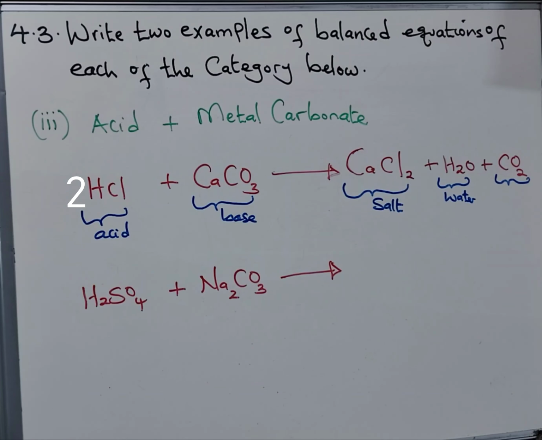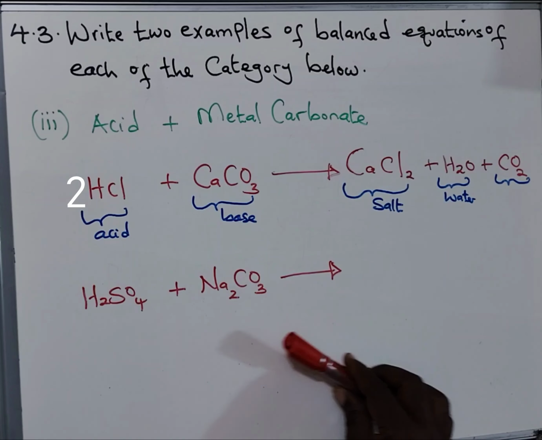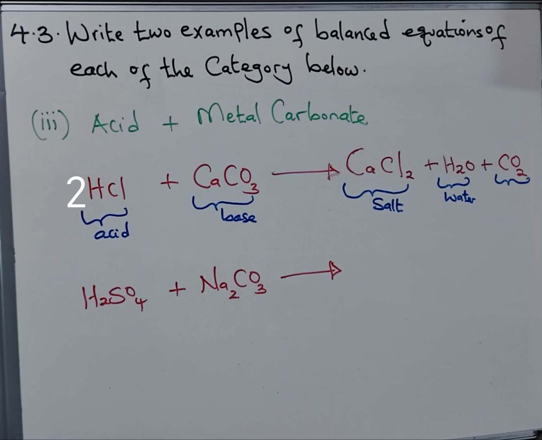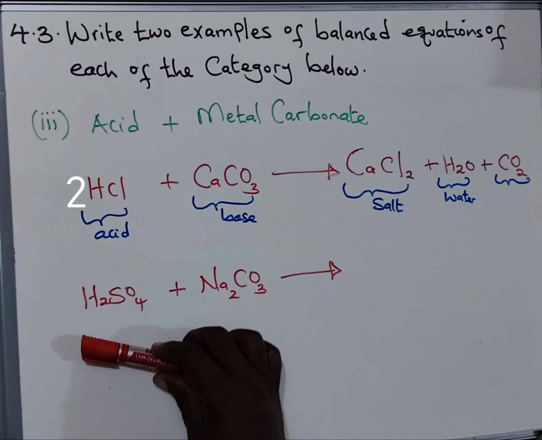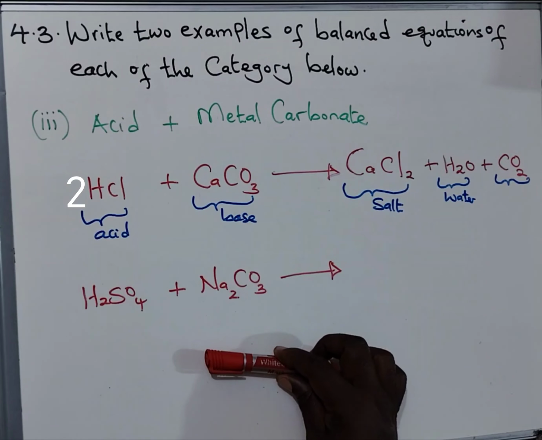So if I happen to put any compound which naturally does not exist, the blame must not come. So all what is important here is the concept. Some of these compounds, as you'll go along in chemistry, they fail to form. Okay, let us go back to the question. We're having sulfuric acid reacting with sodium carbonate as our metal carbonate.